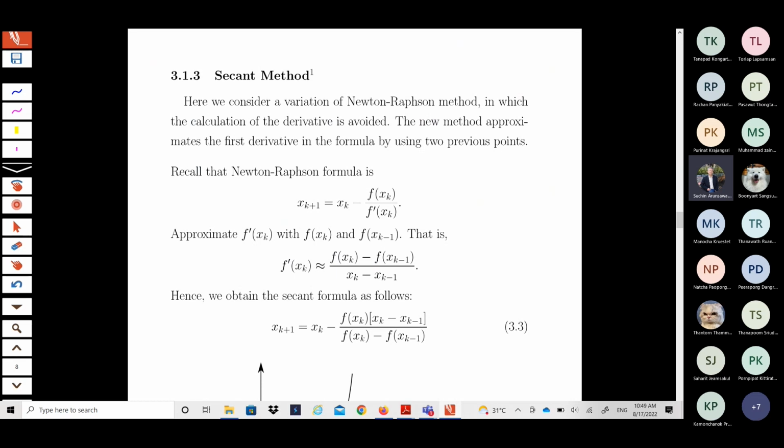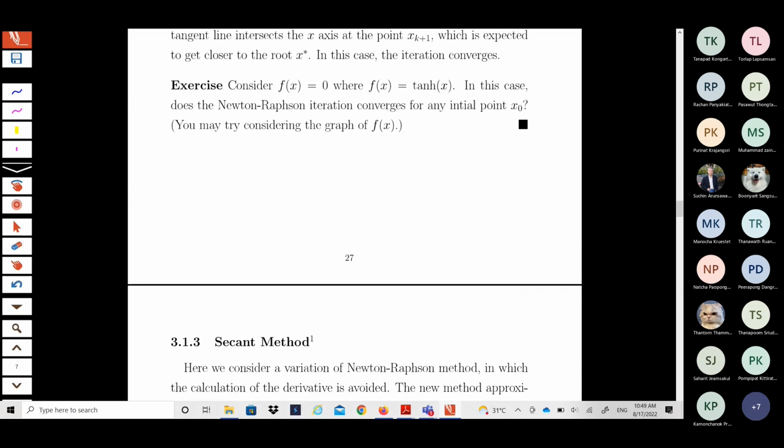Now we look at another one, which is called the secant method. You see that the burden of Newton-Raphson is that we need to calculate the derivative. Is this a problem? Yes.